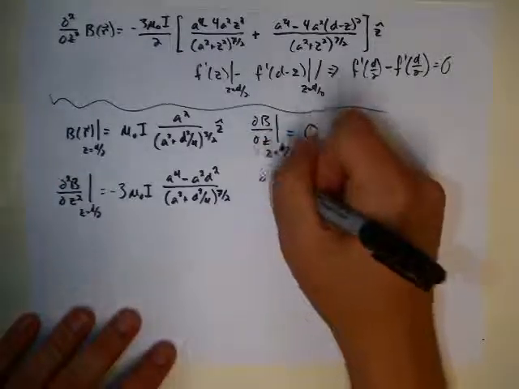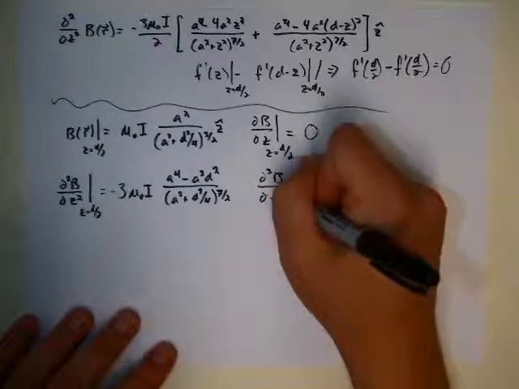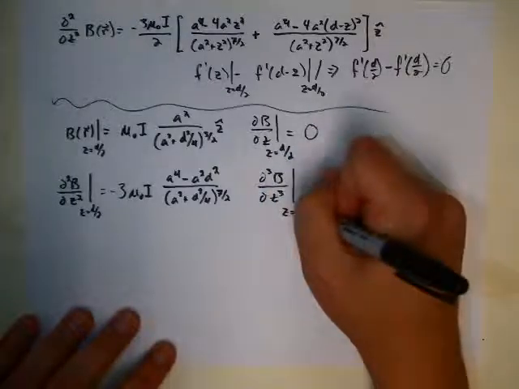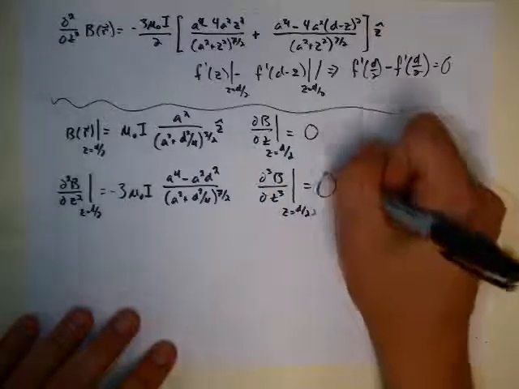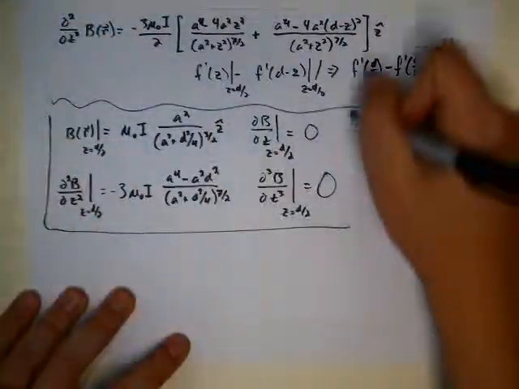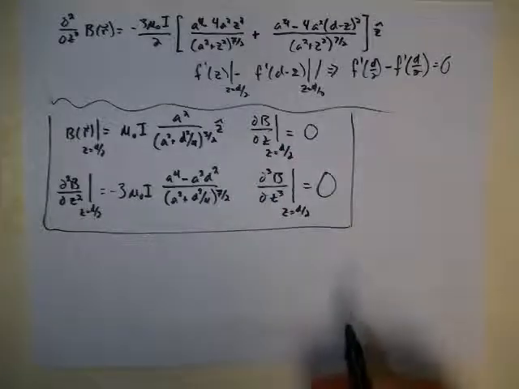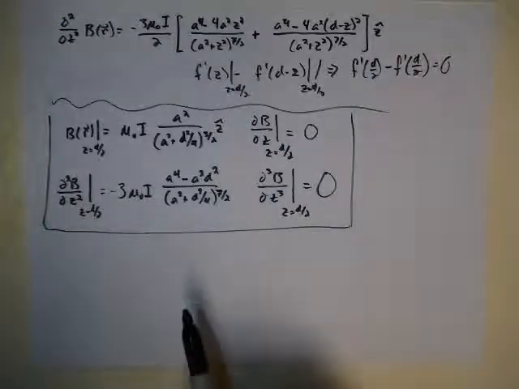And of course the third derivative is again going to be 0 because of symmetry. And so here we are evaluating the magnetic field and the first 3 derivatives. The next question was to find where the first 3 derivatives are all vanishing.